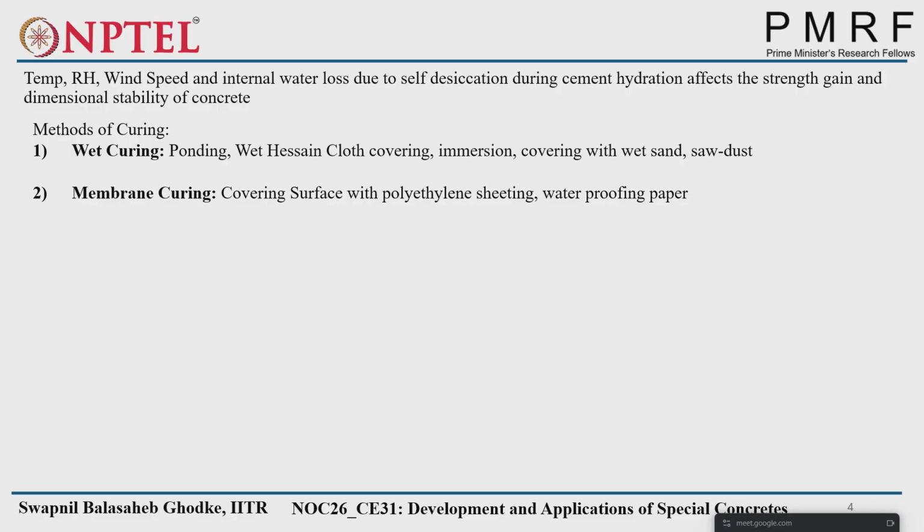So for that purpose they will cover the surface with polythene sheeting. What will happen is it will not allow the moisture to evaporate from the surface of the concrete, right? It will not provide any extra water, but it will not allow the water itself from the concrete to evaporate. That's why we are using membrane curing.